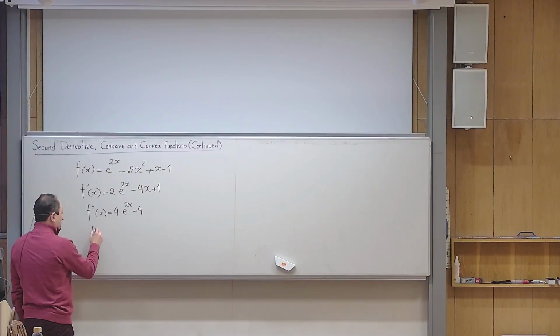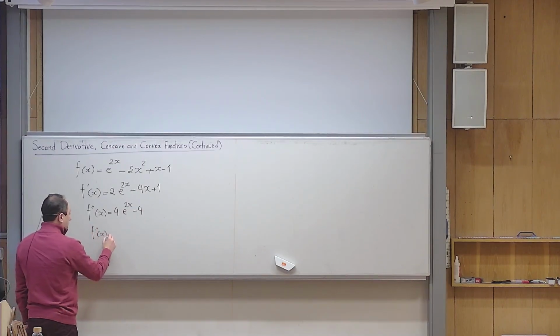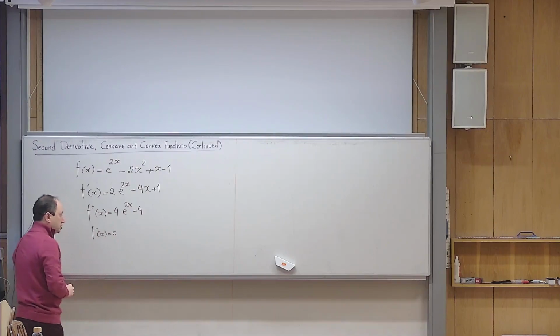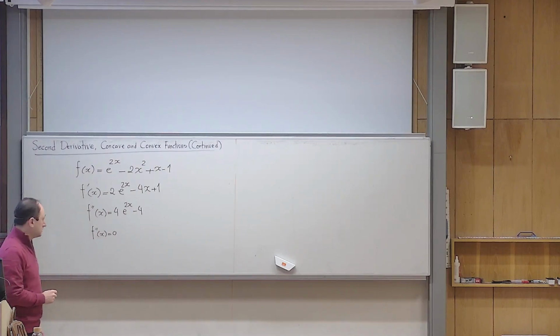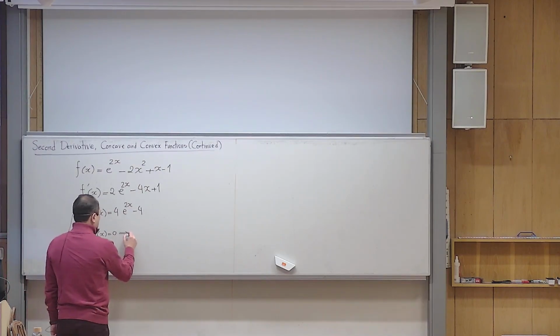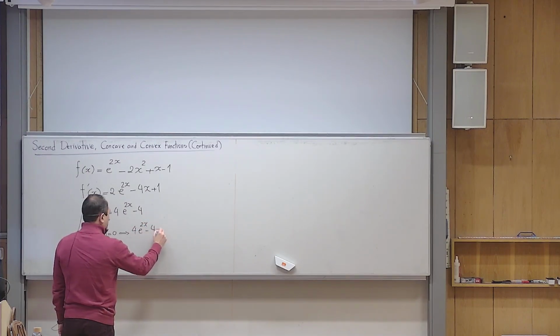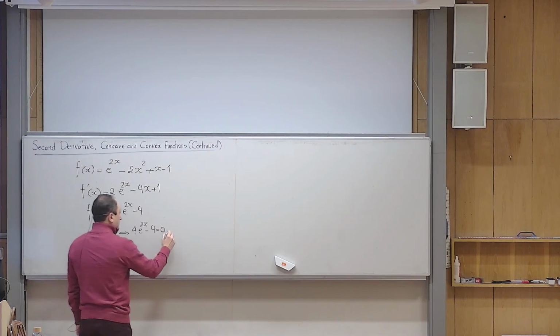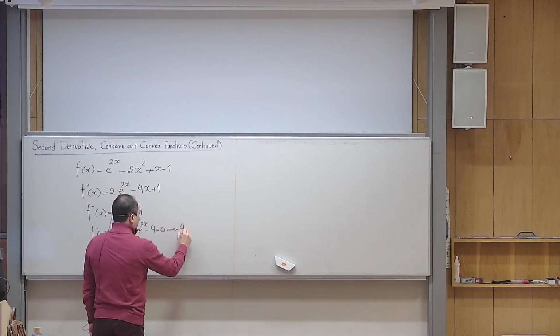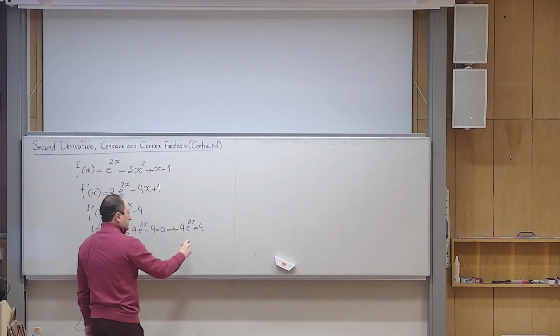So what I have to do is equate the second derivative to 0 and solve the equation. So I would say that, okay, 4e to power 2x minus 4 is equal to 0. I move 4 to the other side. So 4e to power 2x becomes 4. And I divide everything by 4.